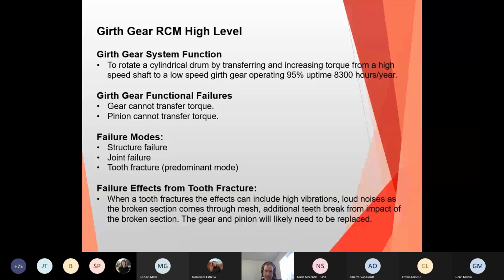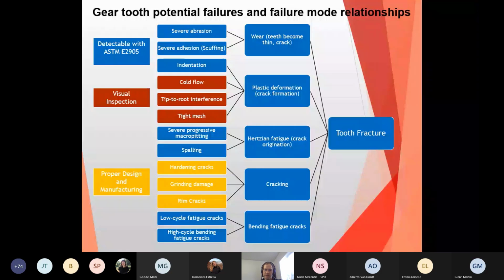Right now, we have a couple guys looking at a mill in California that has 29 cracked and fractured teeth. So it does happen, and we really want to get to the point where we can more accurately predict and prevent those fractures from occurring.